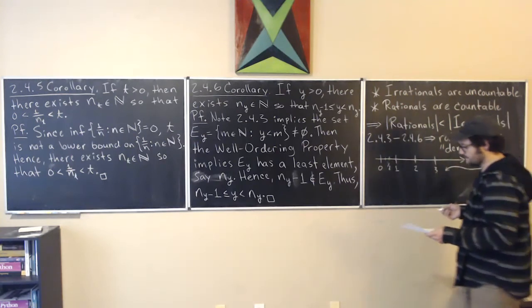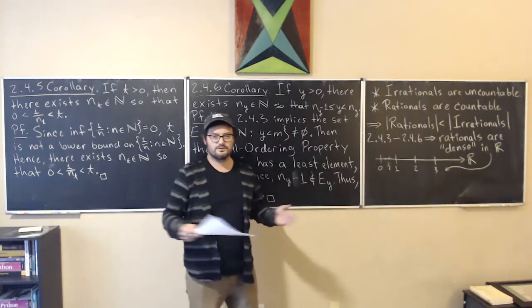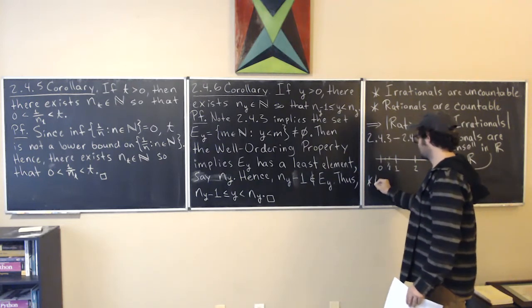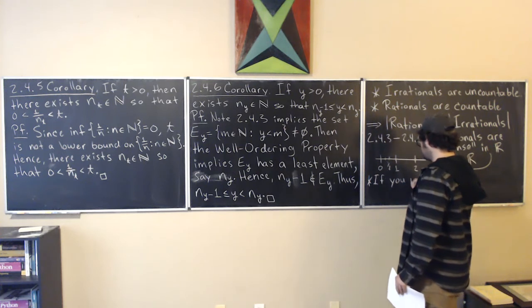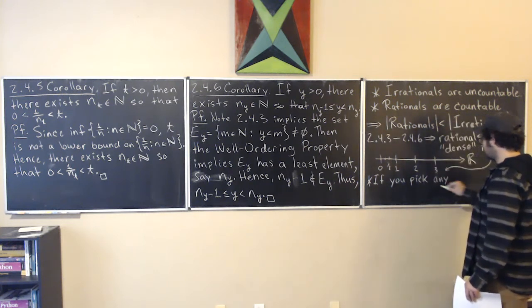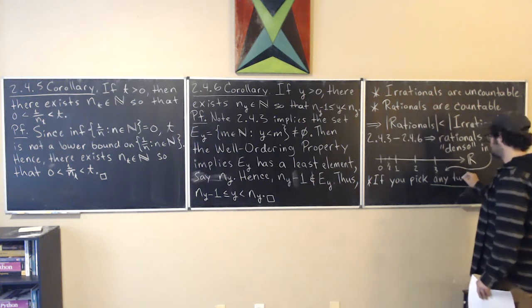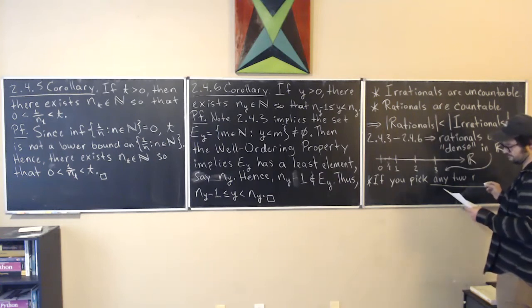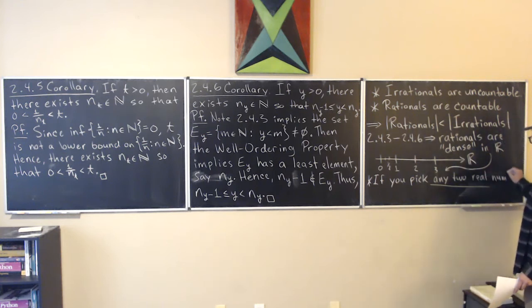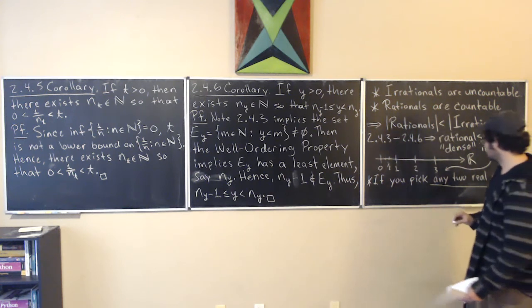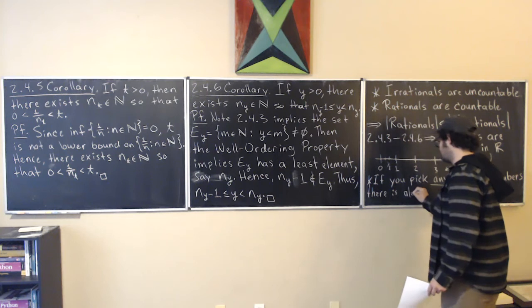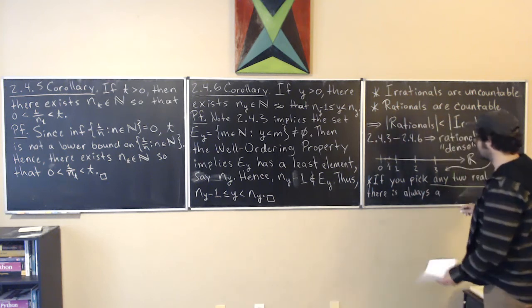It means that if you pick any two real numbers, there's always a rational number between them.